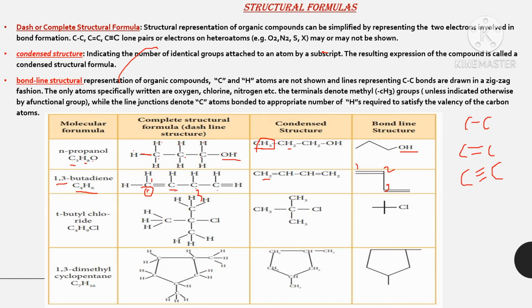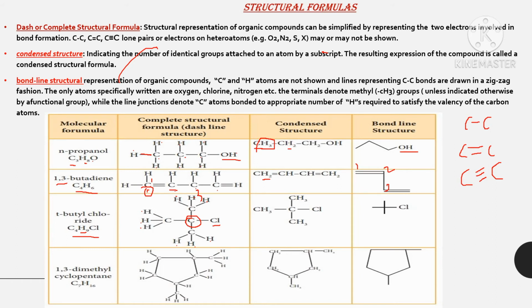The third example is tertiary butyl chloride, meaning the formula is C4H9Cl. Tertiary: if a carbon is attached to 3 other carbon atoms, that is called a tertiary carbon. So here, tertiary butyl chloride. This carbon is attached to the remaining 3 carbon atoms and 1 chlorine atom. And the number of hydrogens is 9. See, 1, 2, 3, 4, 5, 6, 7, 8, 9.